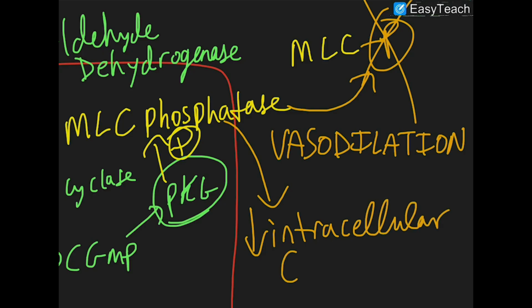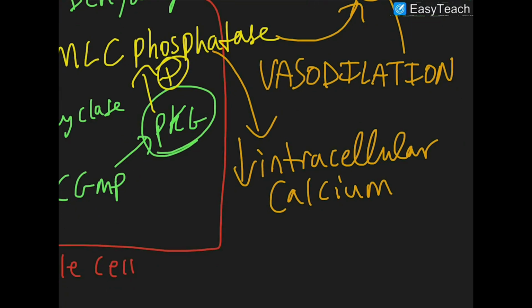Intracellular calcium. And why is that important? Well, why is decreasing intracellular calcium important in terms of leading to vasodilation? Remember when we talked about the Gq pathway like two or three slides ago, we said certain things can trigger vasoconstriction, right?